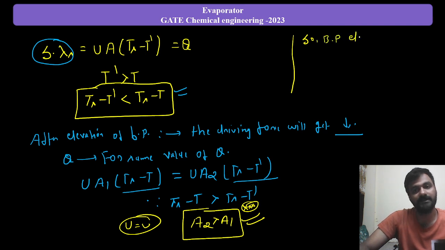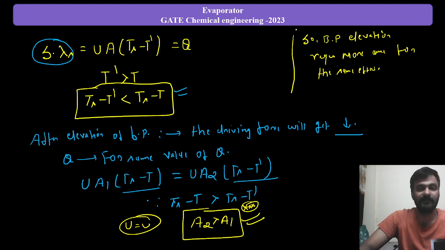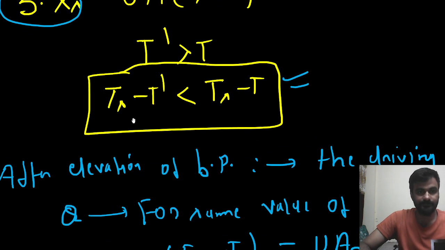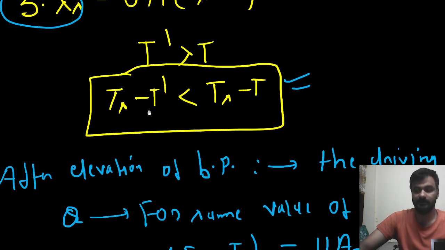Boiling point elevation requires more area for the same effect, right? So it's a very important finding. In a one mark question you can get it, right?